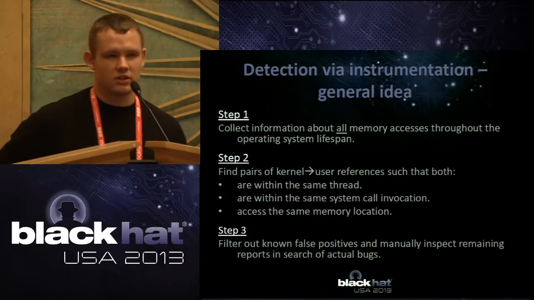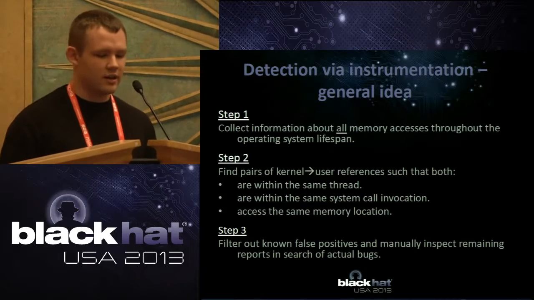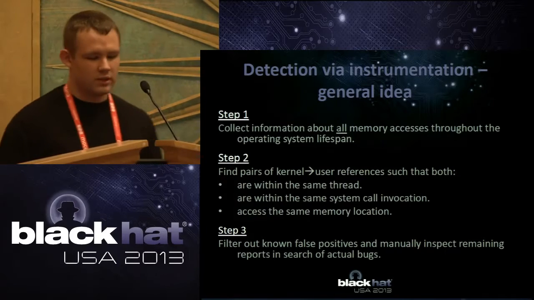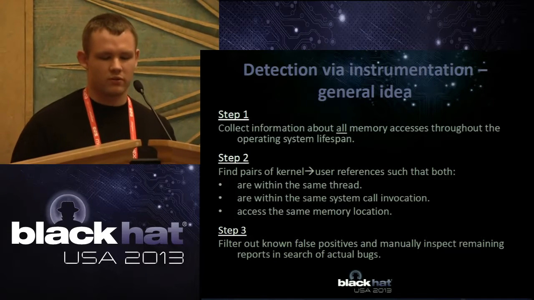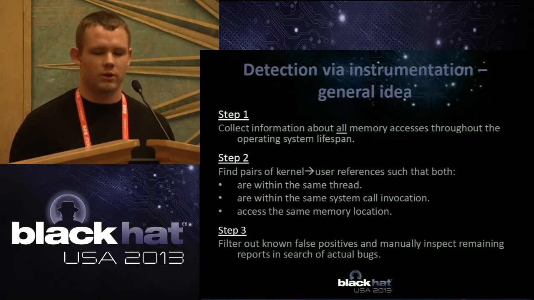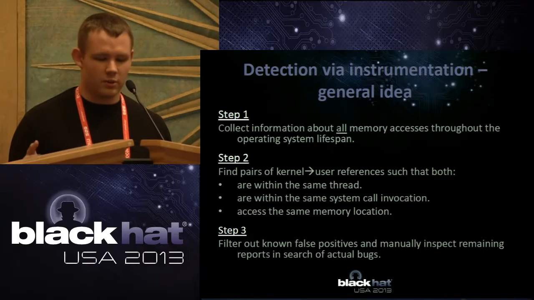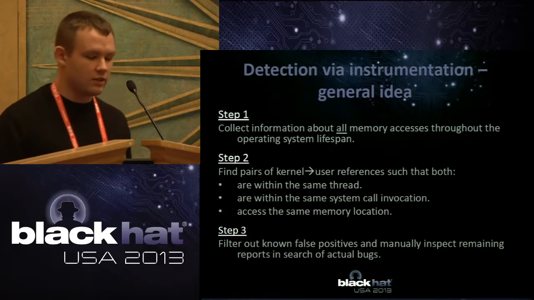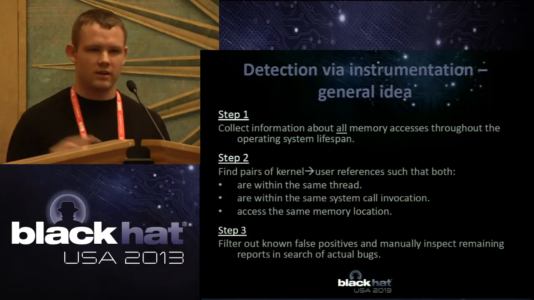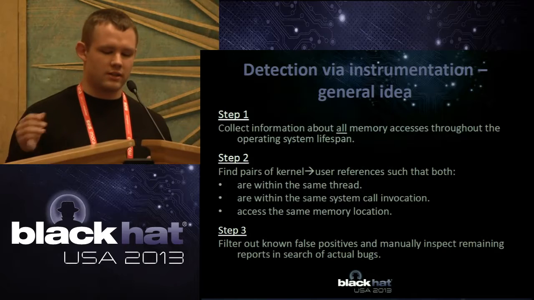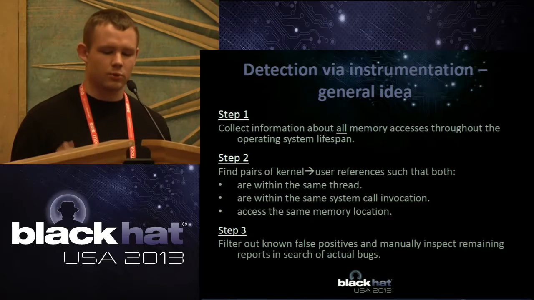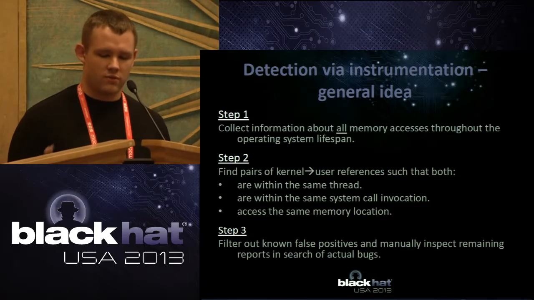When it comes to detection via instrumentation, the general idea is as follows. There are three major steps that we perform. The first one is to collect all information about the memory accesses that take place throughout the whole lifespan of an operating system. After we have that information, we find all pairs of memory fetches that take place in kernel mode and read from user mode memory, such that they meet three conditions.